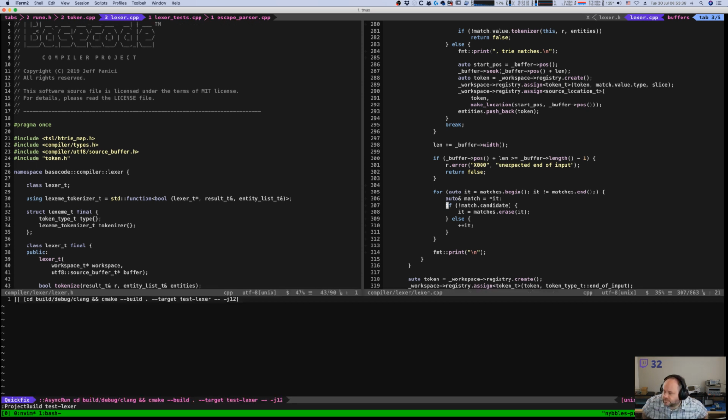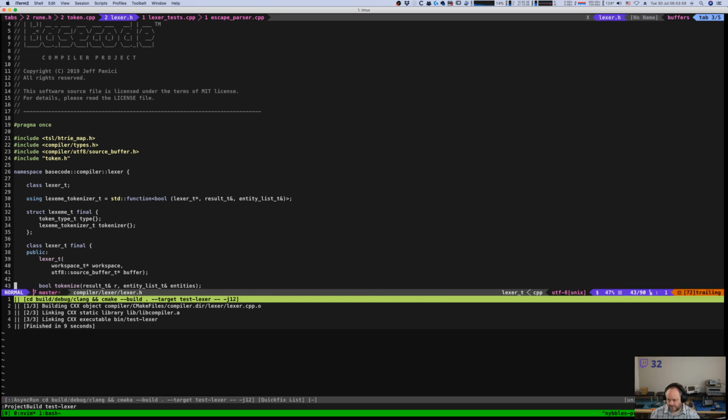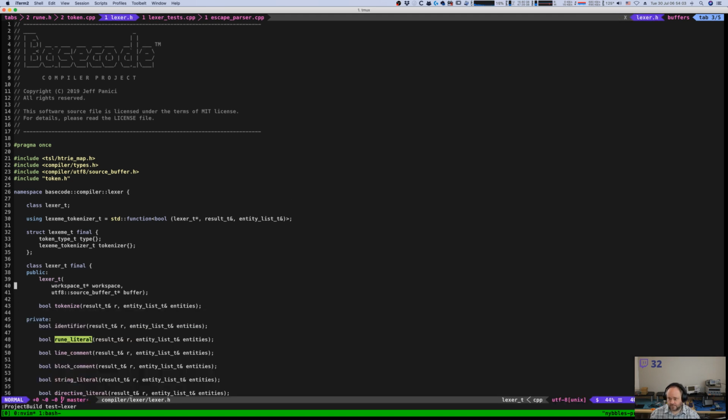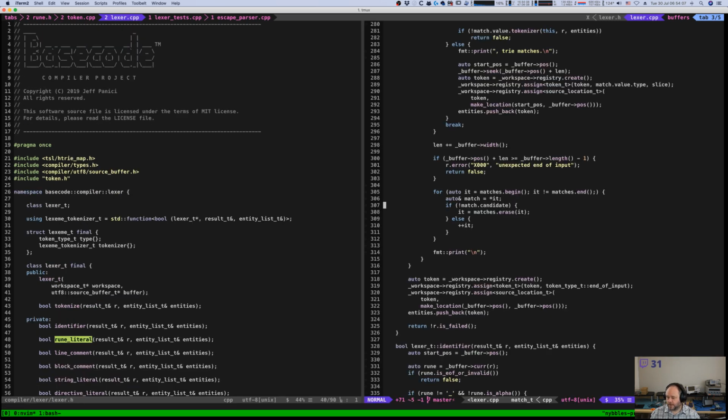Okay, so here's the problem. I want to keep track of potential exact matches until I get the most specific exact match. That's not what I wanted to do.